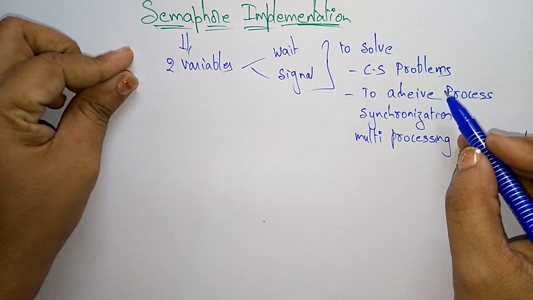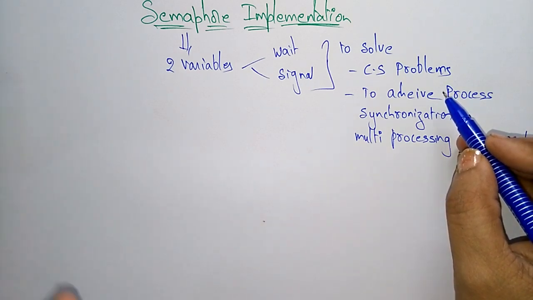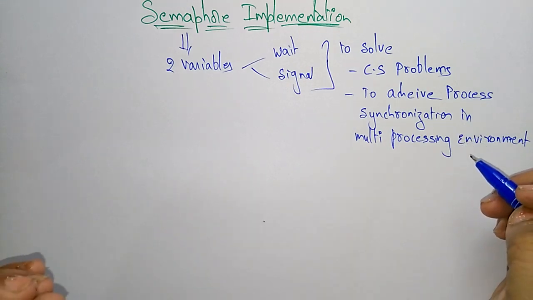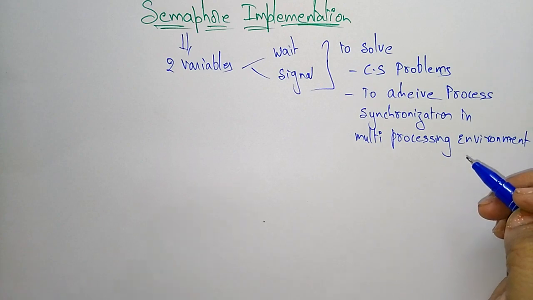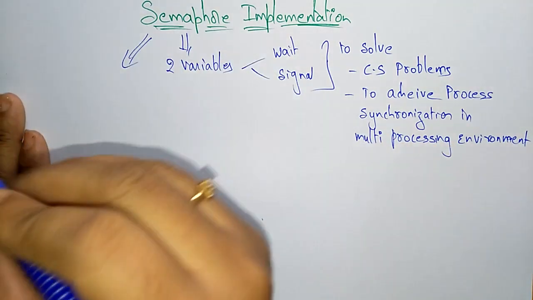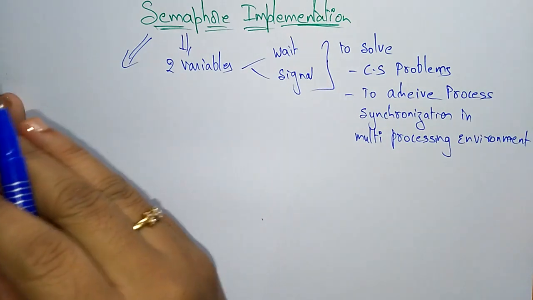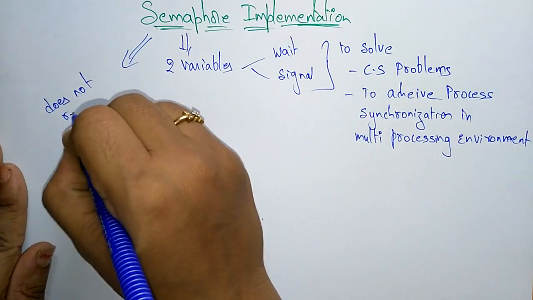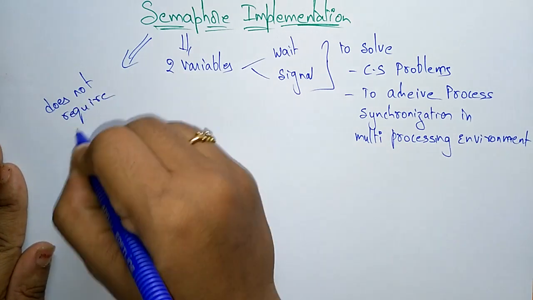The main purpose of using the Semaphore's variable is to maintain the processes in a synchronized way, and to make sure the system is not in a busy state. It is a synchronization tool that does not require busy waiting.